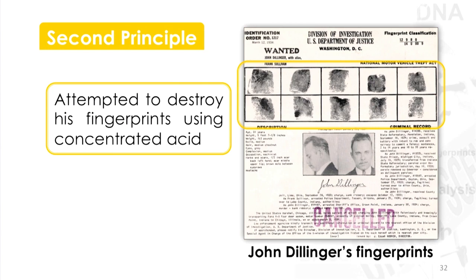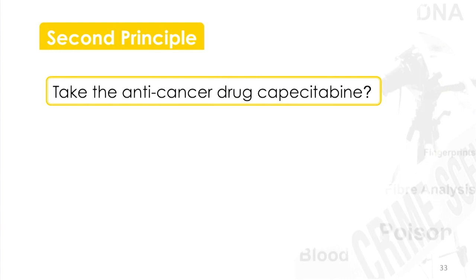Nevertheless, there are ways to get rid of your fingerprints. And one way is if you're taking this anti-cancer drug, capecitabine. So there was a gentleman who was taking capecitabine because he was in remission from cancer. It's an anti-cancer drug.